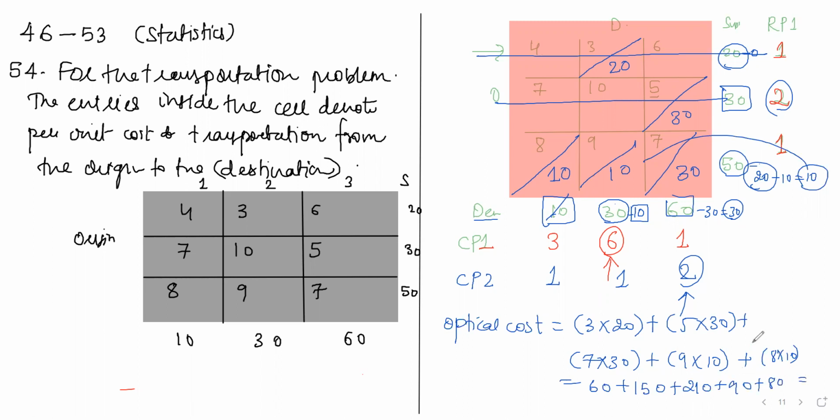Together you get 590. So the answer is 590 is the optimal cost.